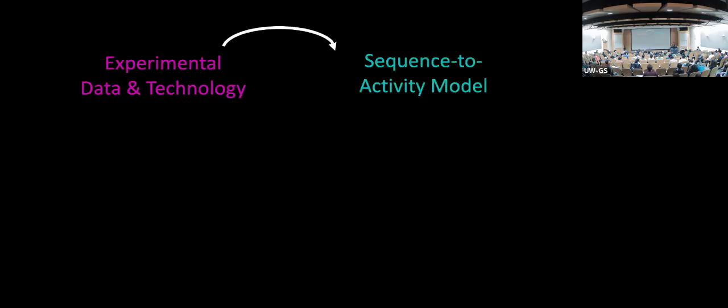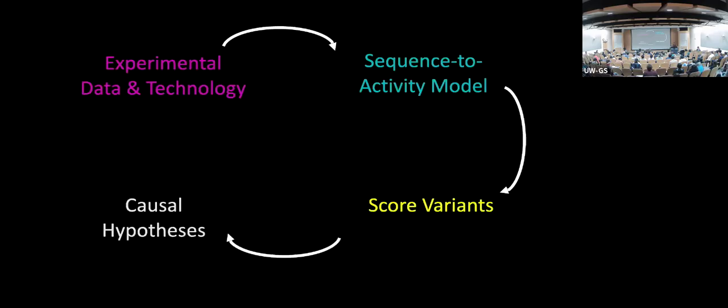The idea is we start with the experimental data and the technologies that exist today, use those to build a sequence to activity model, use the model, turn it around with the techniques for variant attribution that we've been hearing about to score variants, prioritize them, understand them, think about them, and use the results of millions of computer experiments where we say, well, what if I change this variant and that variant together, all the different combinations, develop causal hypotheses, and then go back in the lab, test those, generate data with this high throughput genome editing platform, and then that data will help us build the next generation of models, which will hopefully be much better than the okay models that we have today.